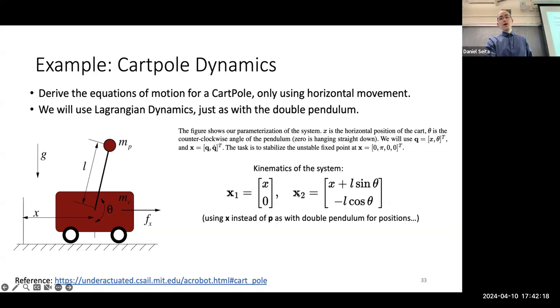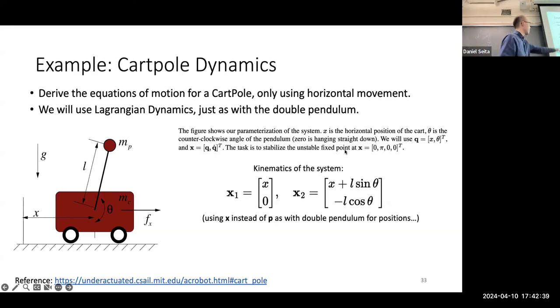But the x1 and x2 refer to positions: x1 is the position of the cart, and x2 is the position of the top of the pole. And this is the task.